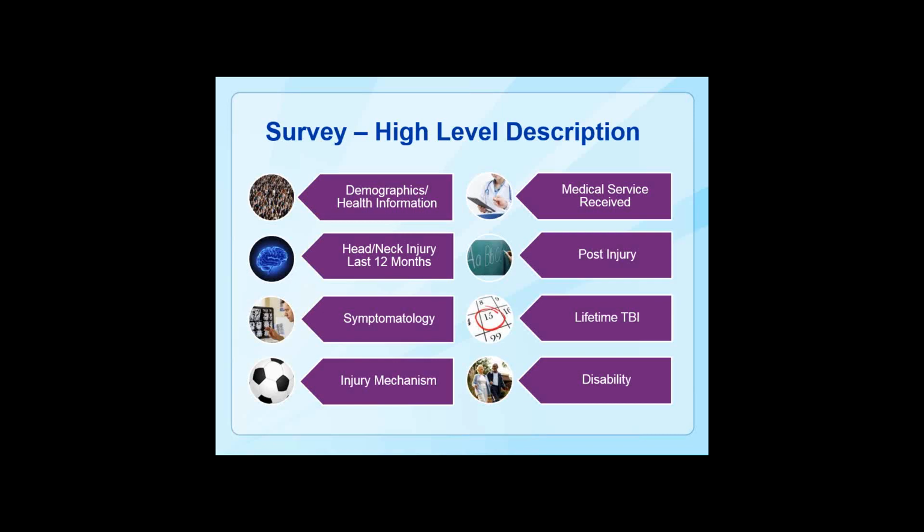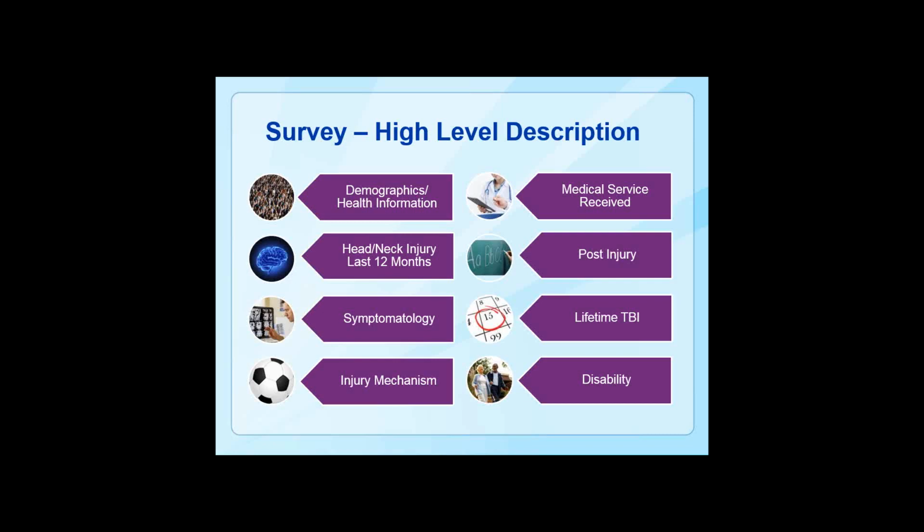If not, we will probe for head or neck injuries that may have been experienced during a car crash, while playing sports, or engaging in recreational activities, or other mechanisms, such as falls. We will be asking about the month of the injury in order to place it in the season in which it occurred. For youth, we will want to know if they were at school at the time of the injury. If there was more than one injury, we will ask about the injuries in order of severity.